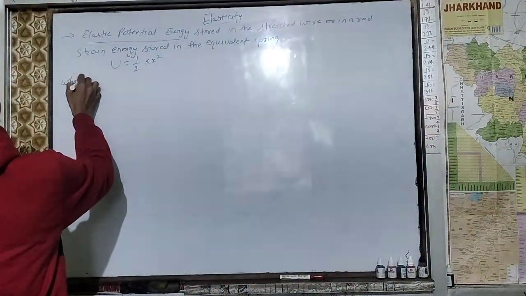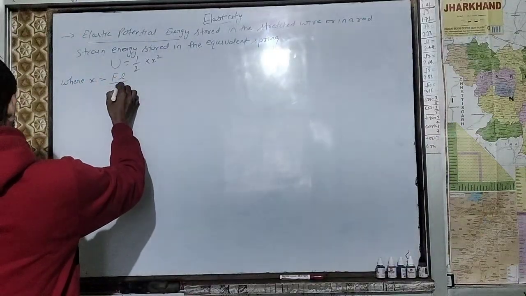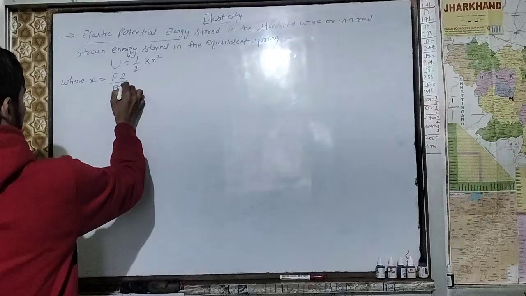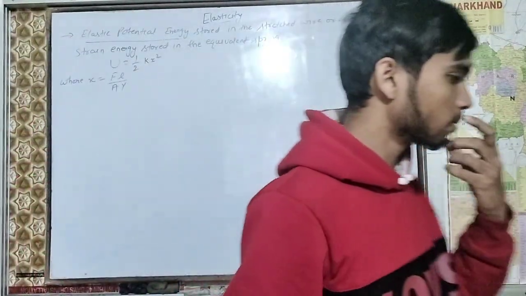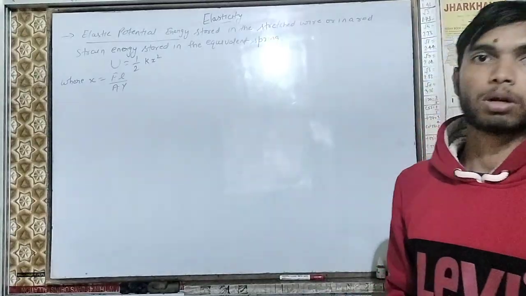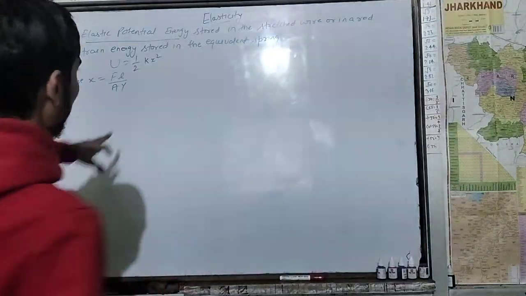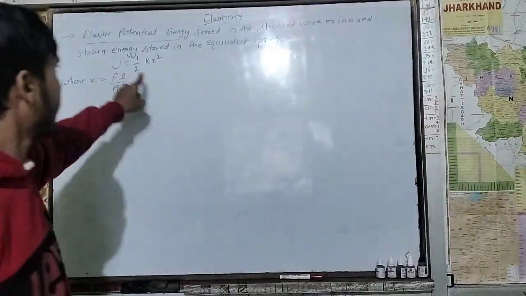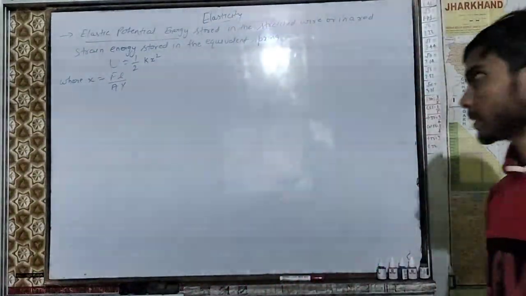Where x is nothing but x is equal to F L upon A Y. Remember, F upon A is stress, and change in length upon original length is strain, and Y is Young's modulus of elasticity, and L is the change in length.